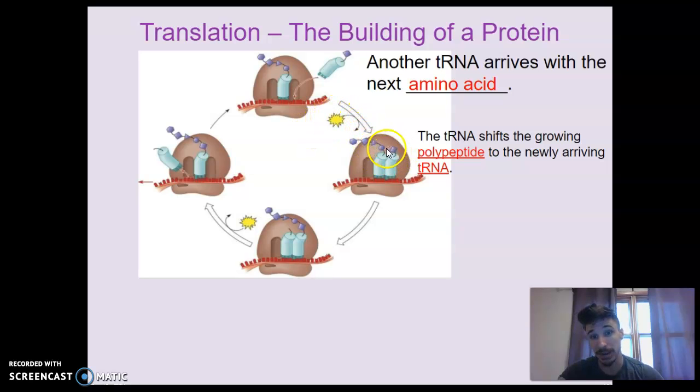That's going to create a peptide bond between these amino acids. That's going to jump this chain over to this tRNA. See how it moved from the middle one to the far right one? And then the far right tRNA will move to the center position, bouncing out the tRNA that was once in there. And this tRNA is now free to go get another amino acid.